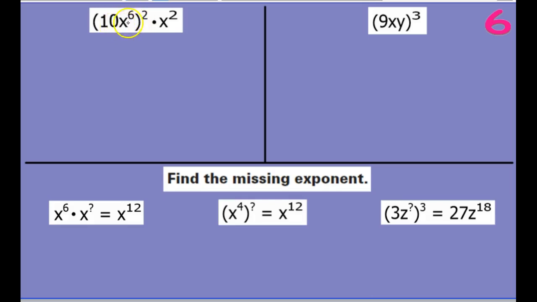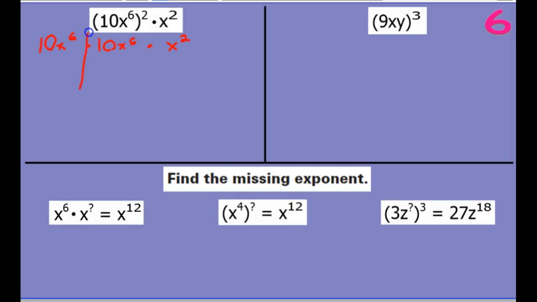Lastly, we are going to find out how many of these we have. So inside our parentheses we have 10x to the 6th power. And we have 2 of those, so we can write that out twice. We also have x squared.